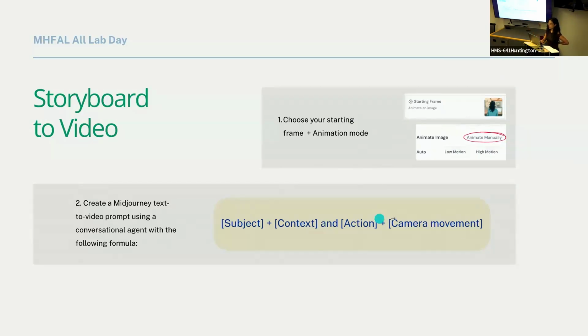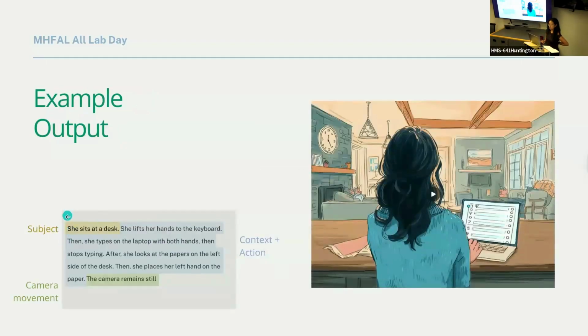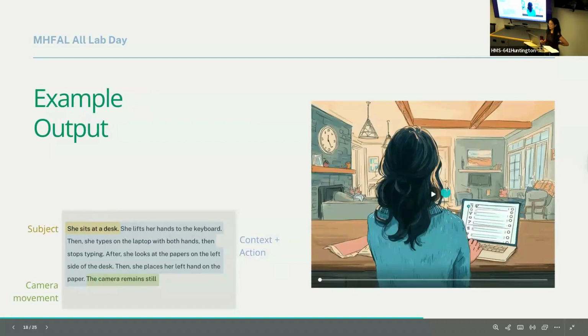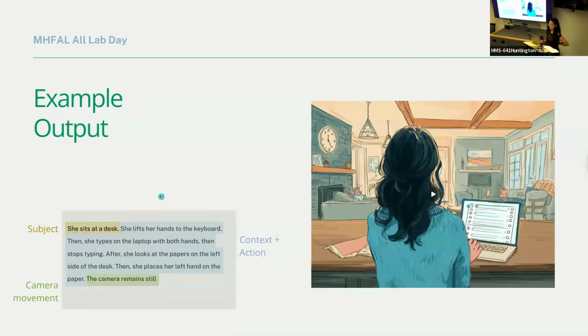text to video. So unlike just images where it's subject and the style of and context, this includes action and camera movement. So that's the only difference. And this is an example of a prompt I use for this 5-second video. So the subject, she sits at a desk.